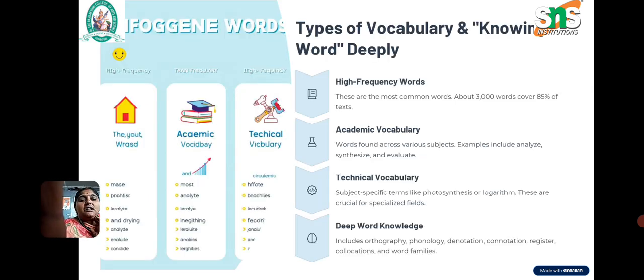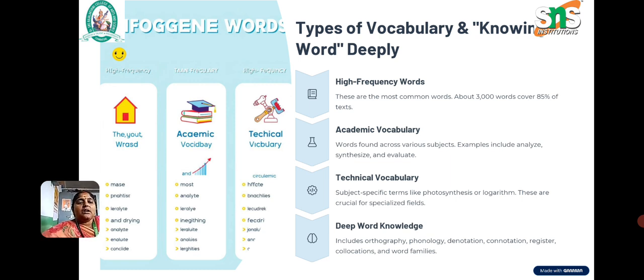There are various types of vocabulary: high frequency words, academic vocabulary, technical vocabulary, and deep word knowledge. What are high frequency words? These are the most common words, about 3,000 words, that cover 85% of the text.